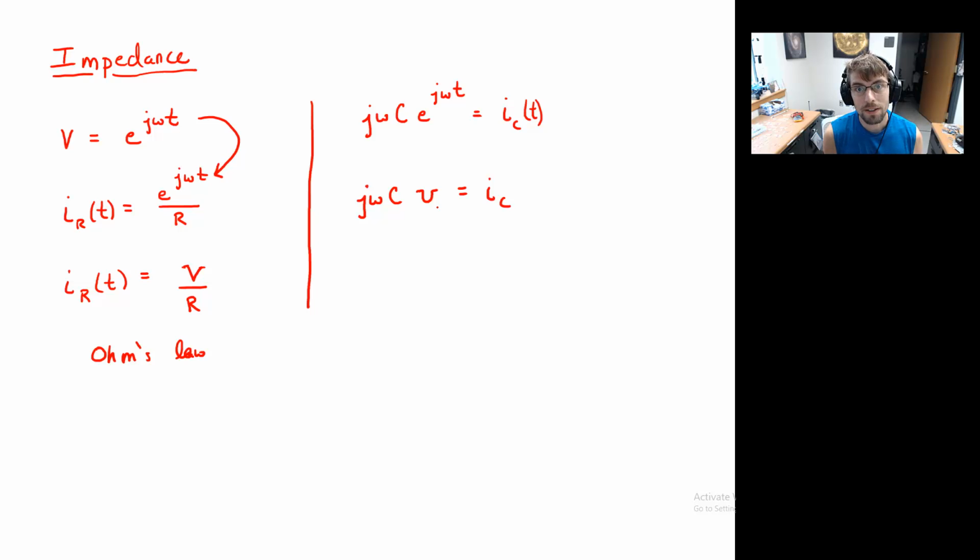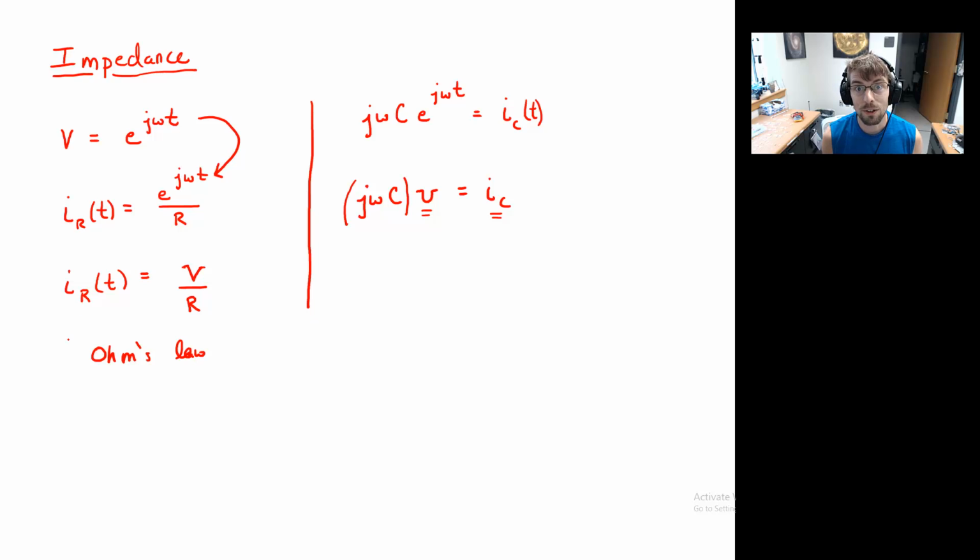By expressing the potential source using Euler's relationship, we find that we can model the capacitor as a linear relationship between the applied voltage and the current. In other words, we have now turned a differential relationship into a linear relationship.